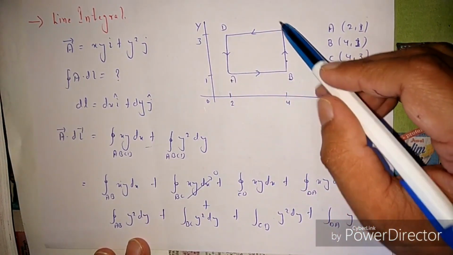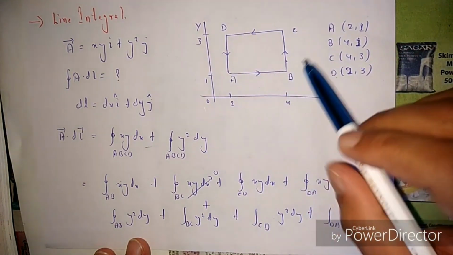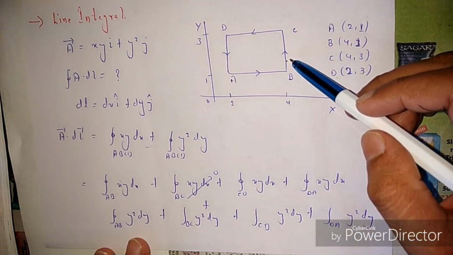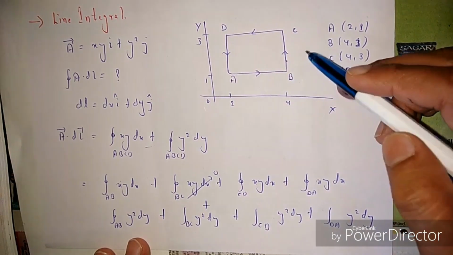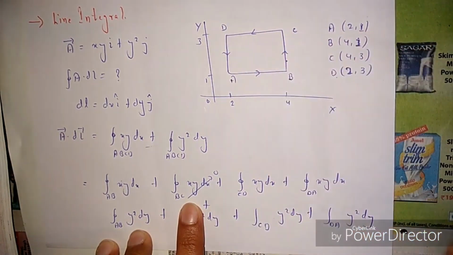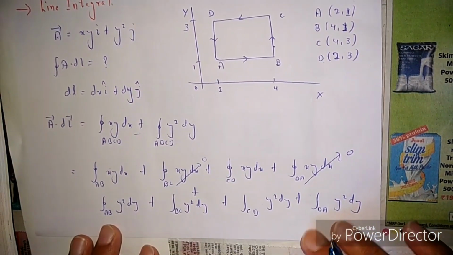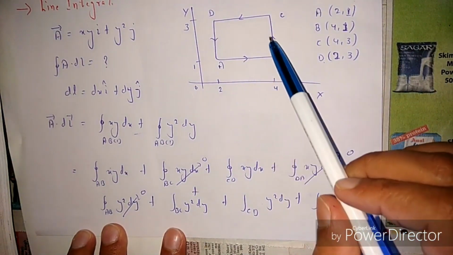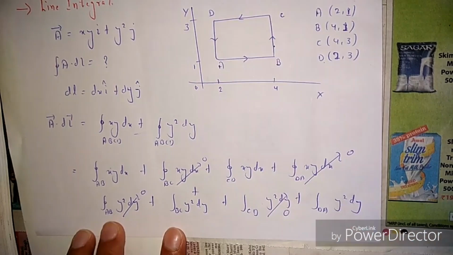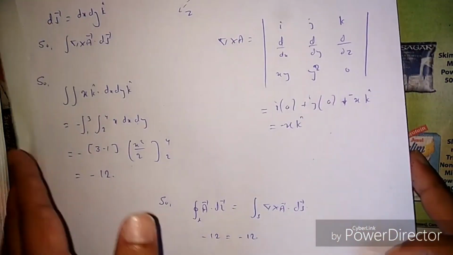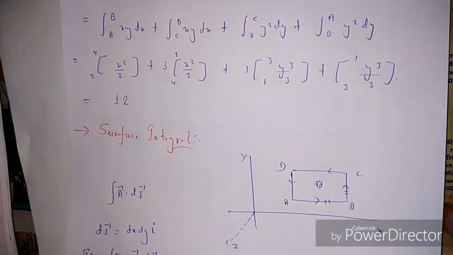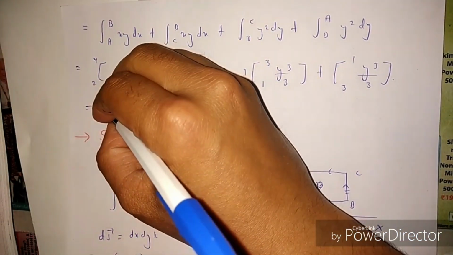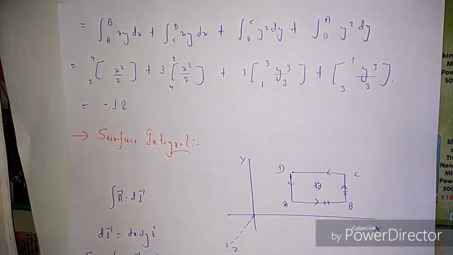We see that the values can be calculated on the paths AB, BC, CD, cancelling the integrals for the paths that are the same but opposite in direction. Then writing the remaining integrals and solving, we get x squared by 2 plus 4 integrals, and we get the value of minus 12.